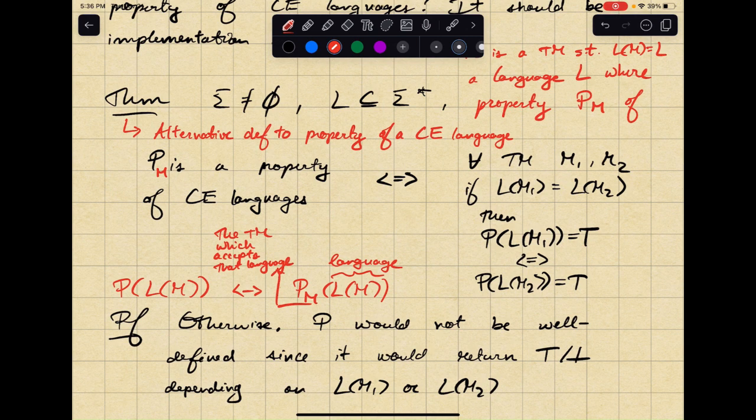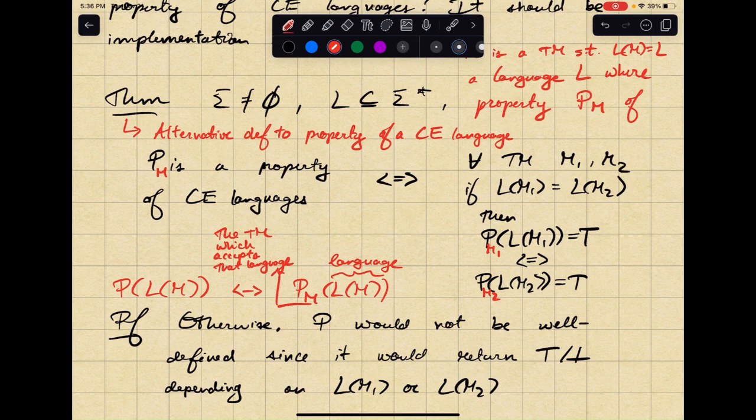And so for instance, even on this right-hand side here of the if and only if, or of this definition, really what I'm saying is that this property is implementation independent if, when I'm using, say, the Turing machine M1 to represent L, which is L of M1, if that property evaluates to true, then that property of that same language must also evaluate to true when I'm representing that language with M2, and vice versa, right? And vice versa.